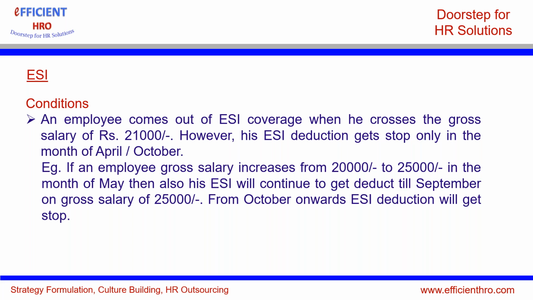For example, if an employee's gross salary increases from 20,000 to 25,000, and he got this increment in the month of May, then his ESI deduction will continue till September. Why? Because an employee will come out of ESI only in the months of April and October. If his increment had been done in April, his ESI deduction would have stopped from April itself.